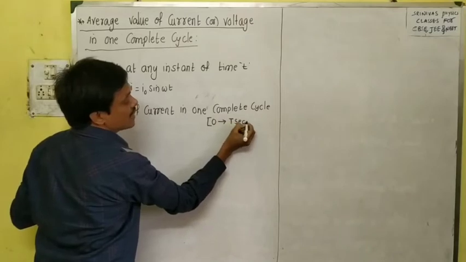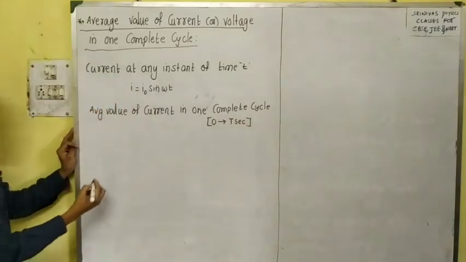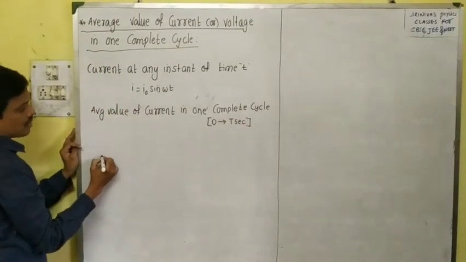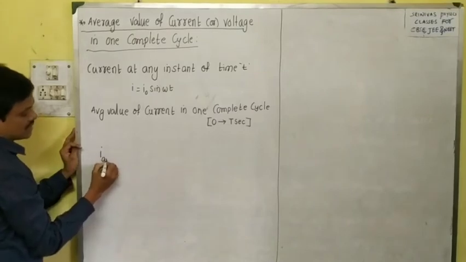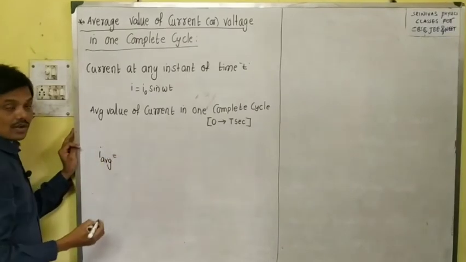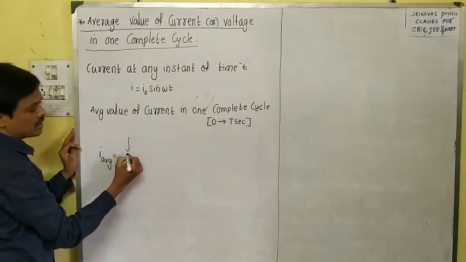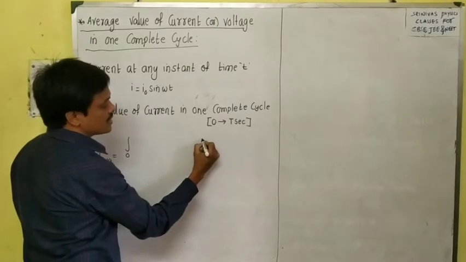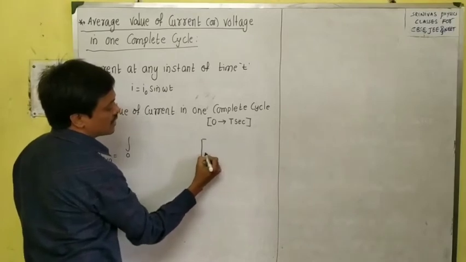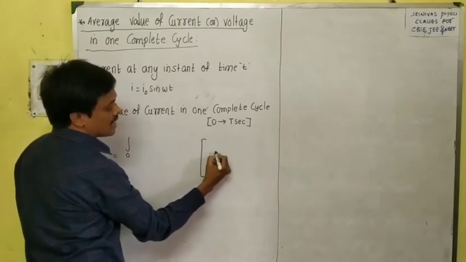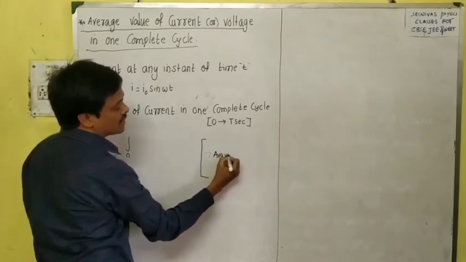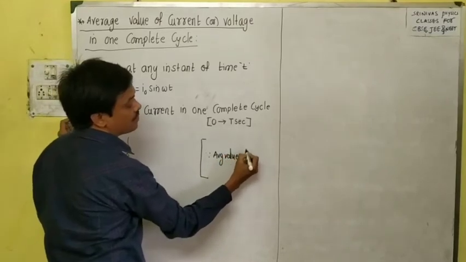That means the time limits are 0 to T seconds. Then there is a formula for the average value of current. There is a mathematics formula to find the average value of a certain function in a certain interval of time.